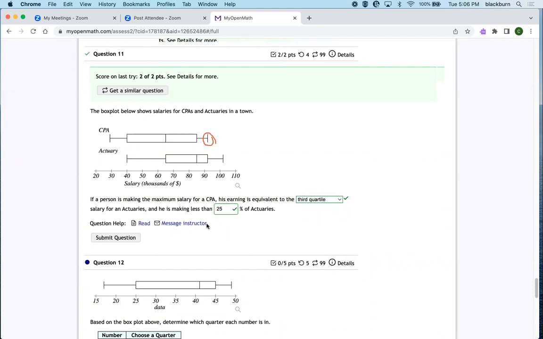What do you think? What questions do we have from that one? For mine, it says the third quartile salary, instead of maximum. So how would we do that if it was in that sense? Can you share your screen, Monse, and we'll take a look? Yeah.